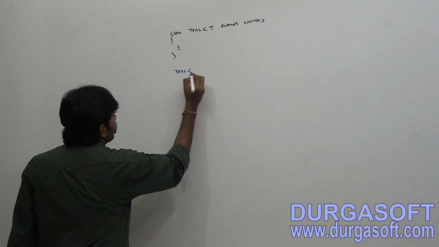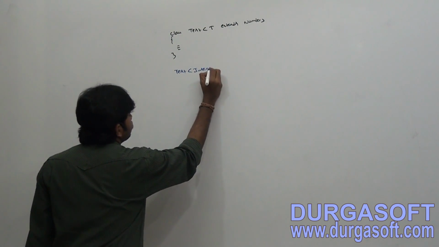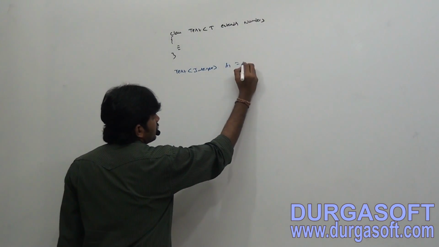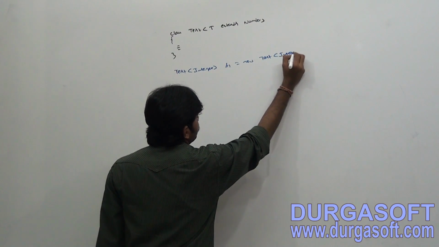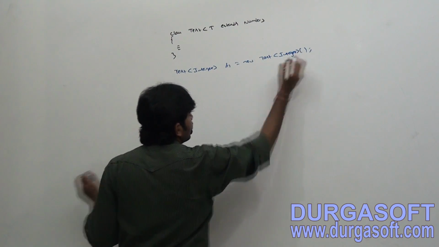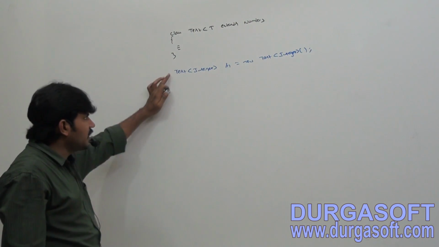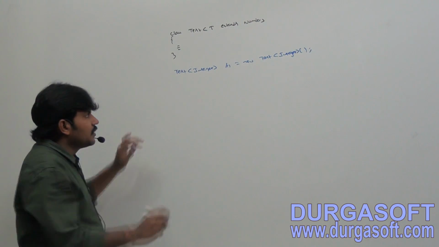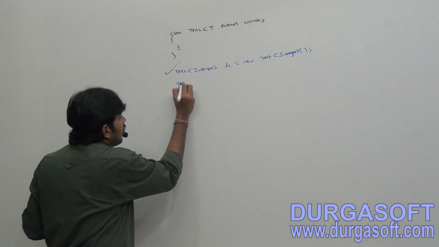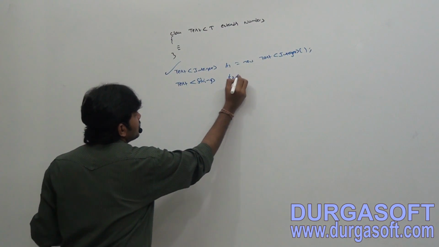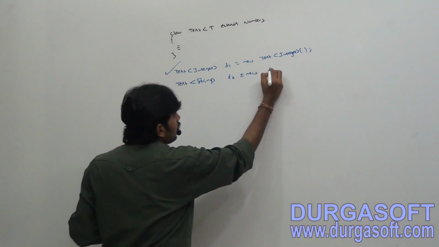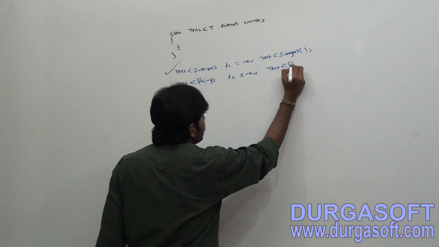Test<Integer> t1 = new Test<Integer>(); have you observed? Valid or not? Valid. Next, Test<String> t2 = new Test<String>(); valid or invalid?